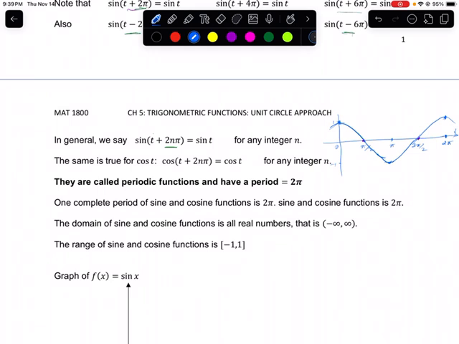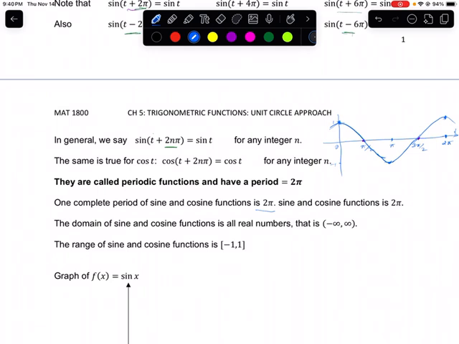Periodic means they repeat, and what is the period? Whatever the period is, after that the graph will be exactly the same as you started from 0 to whatever the period was. So now one complete period of sine and cosine functions is 2 pi, okay, which we have just noticed.